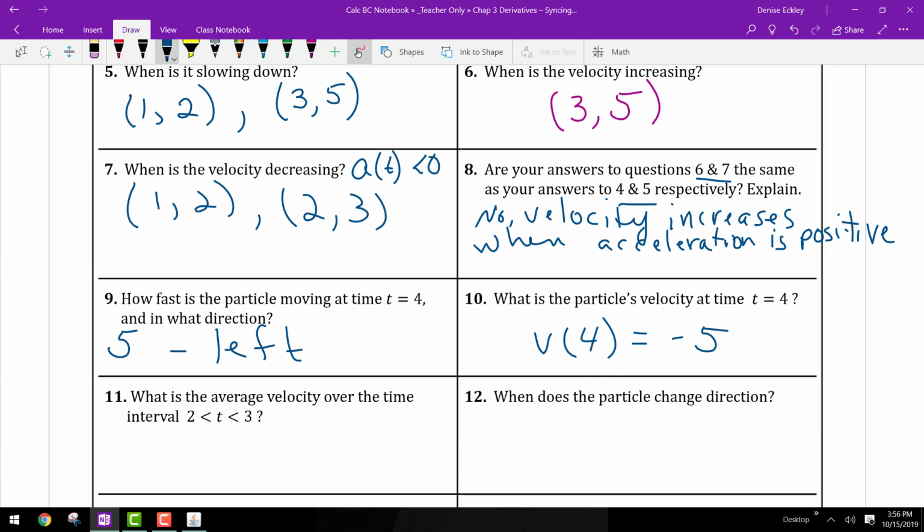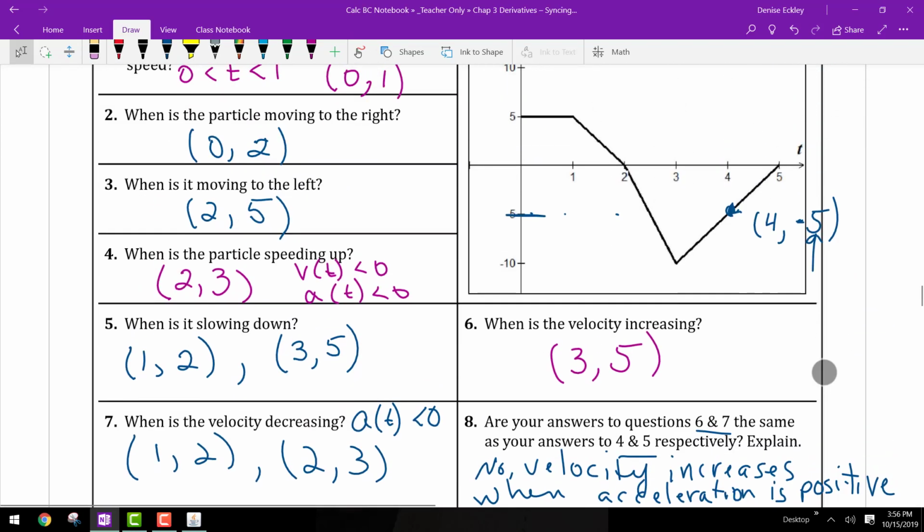So the next two questions, let's do 11 first because it's a little different. What is the average velocity over the time interval 2 to 3? So what we want to do is find the average velocity. So we're going to average our velocities at 2 and at 3. So we can see here at 2 we have a velocity of 0, and at 3 we have a velocity of -5.